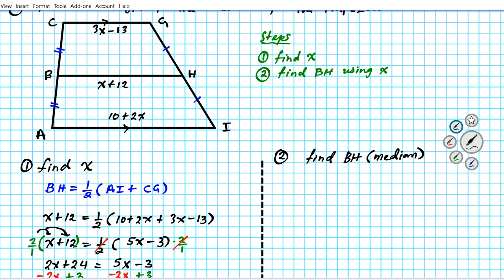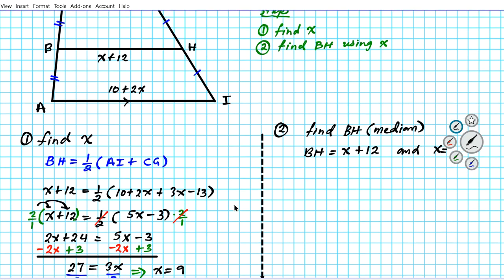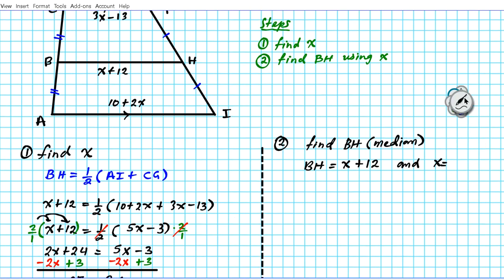Okay, let's do it. So we know that BH is equal to x plus 12. And we also know from our work in step 1 that x is equal to, I already forgot what x is, 9. Bam. X is equal to 9. So now that we know what x is and BH is dependent on the x value, all we do is plug in the value of 9 into the x spot right here.